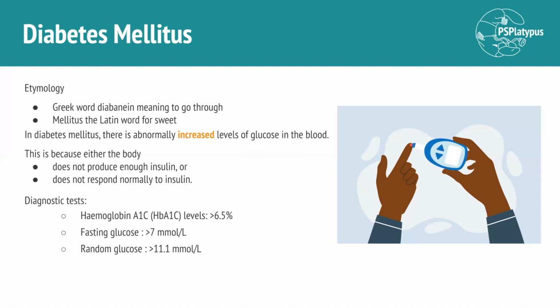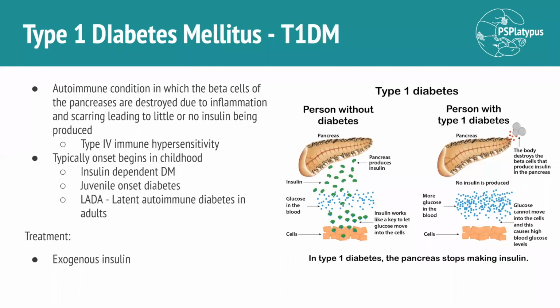Any value above 11.1 millimoles per liter is counted as diabetic. However, due to certain situations where variations could occur, such as the person just having had a meal, this value is the least accurate of the 3. And if a patient is suspected of having diabetes, it is then further checked via the other 2 testing regimes.